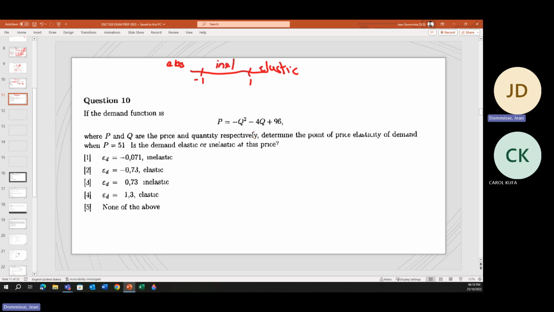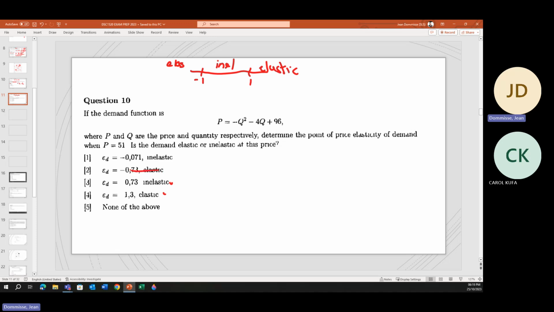I normally do that just to see the answers here. So I'm like, okay, 1.3 elastic. It might be 0.73 inelastic, might be 0.73 elastic.